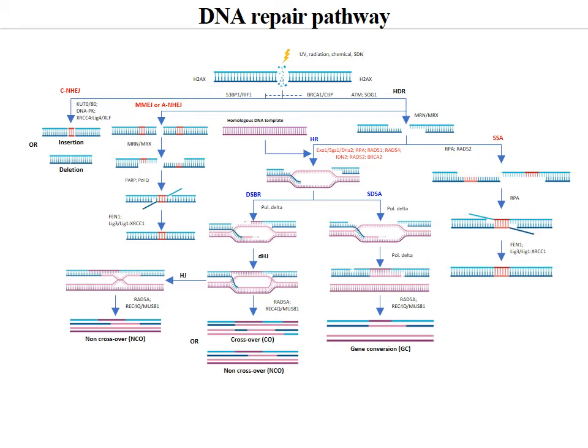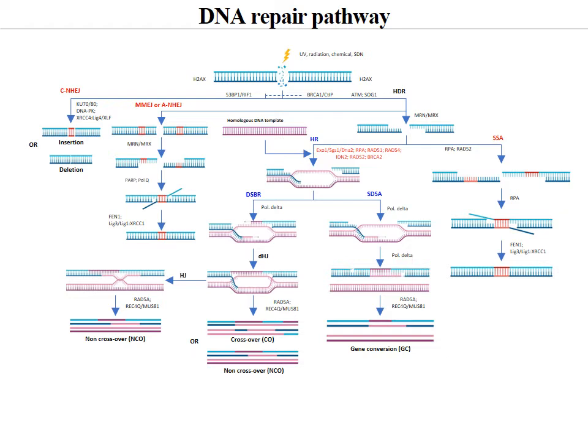After generating a DNA double strand break, the DNA follows a DNA repair pathway. There are several pathways, but usually we distinguish NHEJ, non-homologous end joining, and HR, homologous recombination. For gene knockout, we usually go to non-homologous end joining.